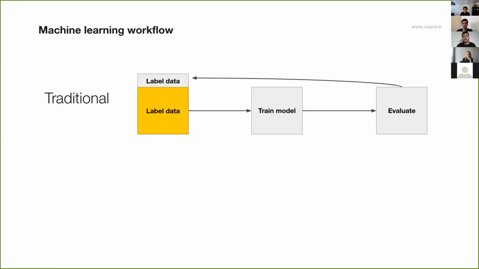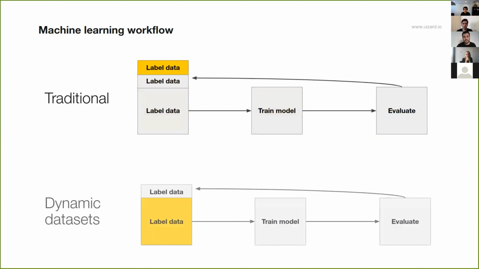So if we take the traditional machine learning workflow, you label your data, you train your model, you evaluate, and then if you see that you need more performance, or if you want to fix some of the cases, you may label slightly more data until you reach the desired performance. But what happens if you assume these dynamic datasets?